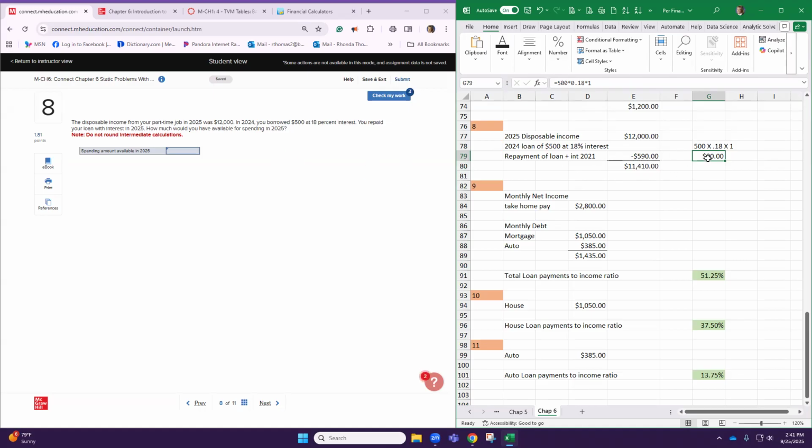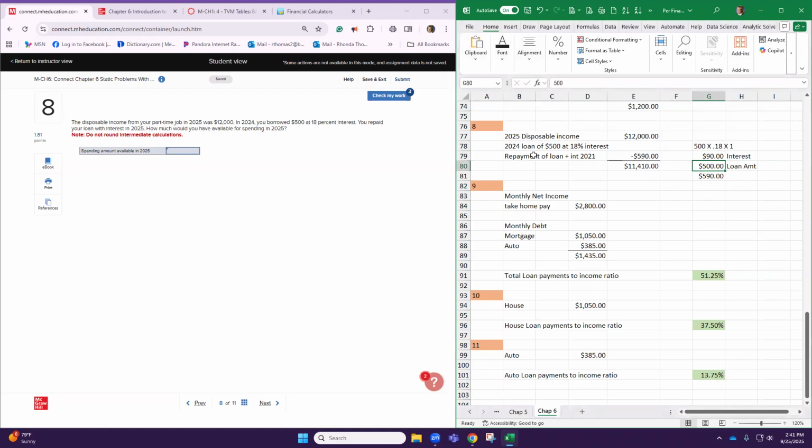That's the interest, and then the loan amount to be paid back is $500. If you add those two together, you get $590 that has to be paid back in 2025.